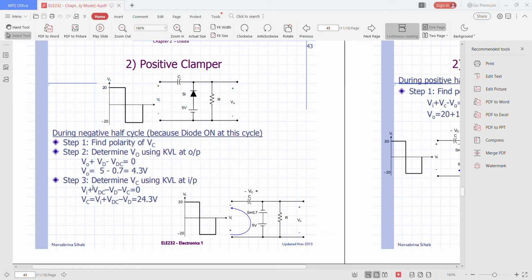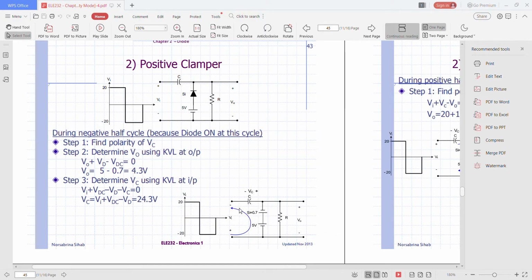Step 3 is to determine VC using KVL at input. So the same concept that you use as in the negative clamper analysis. So Vin plus VDC minus Vd minus Vc equals to 0.